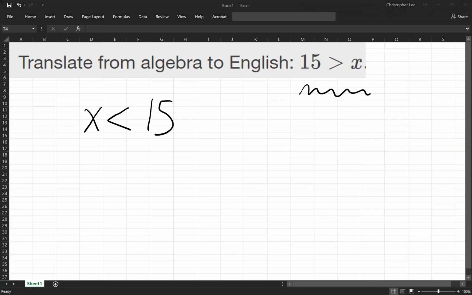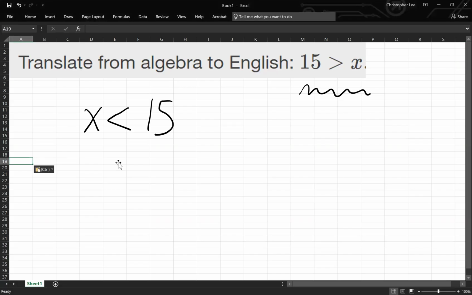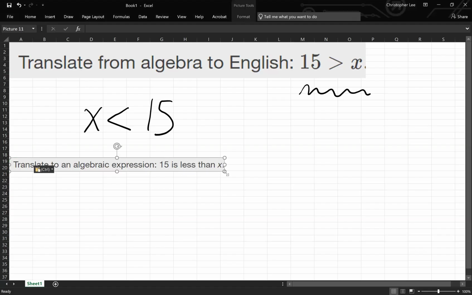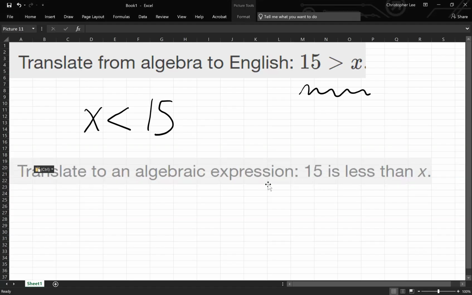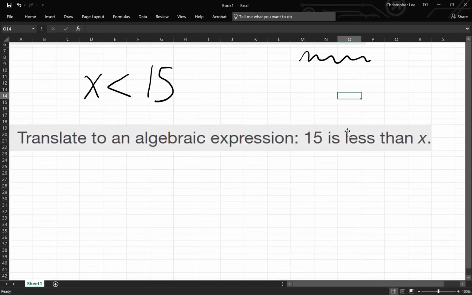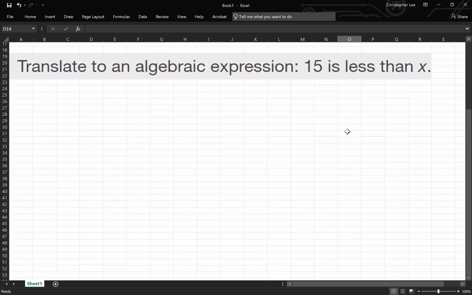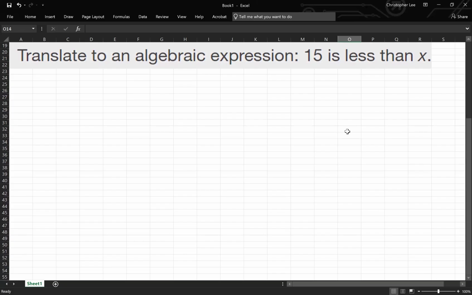Let's try another one. In English, this is 15 is less than X. I want this in math. Tell me what to write.